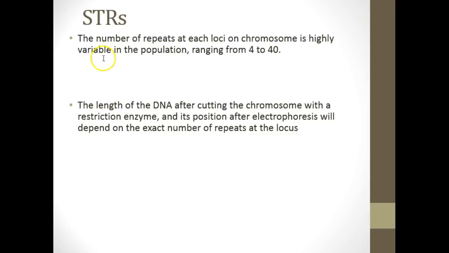So the number of repeats is highly variable. For some genes, they may range anywhere from 4 to 40 stutters. So one individual may inherit a short tandem repeat on one chromosome that stutters 4 times from their mom, and it might stutter 40 times from their dad.